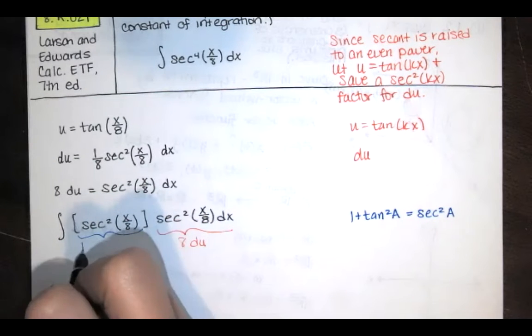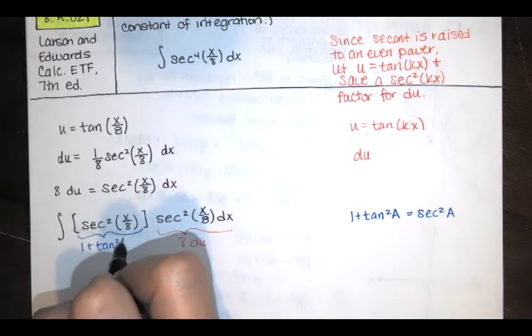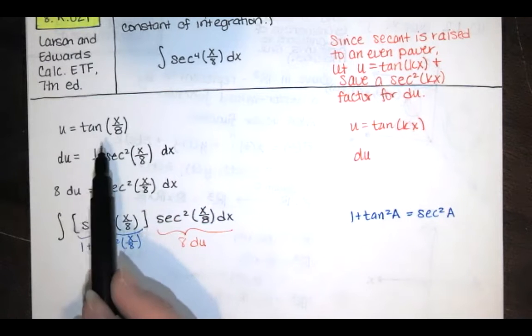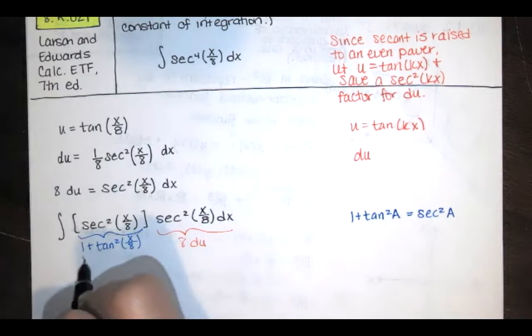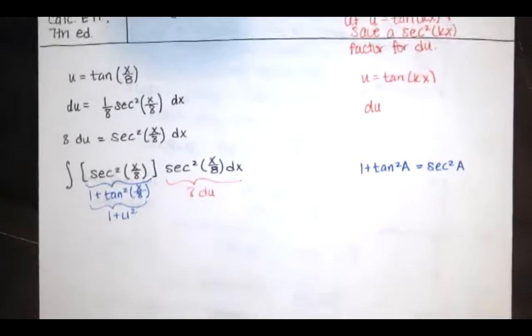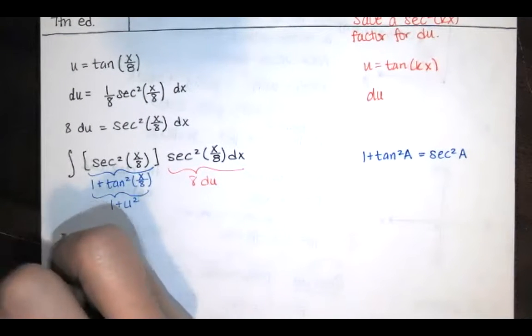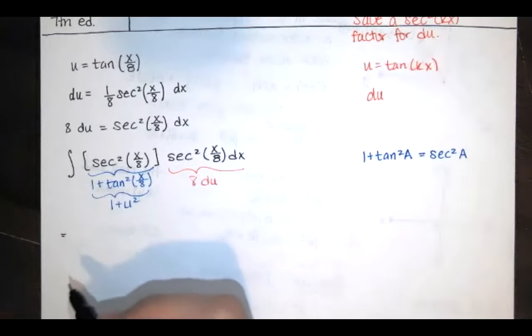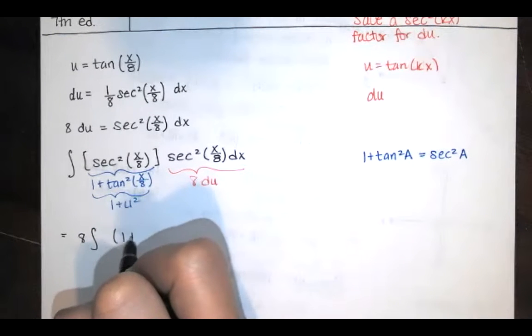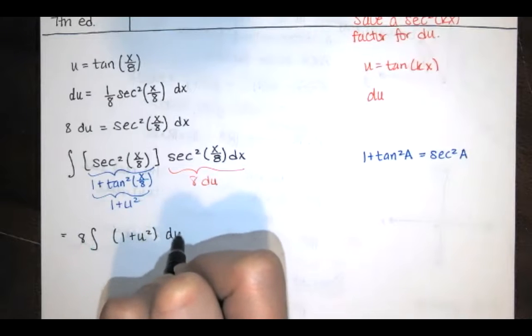So this is 1 plus tangent squared of x over 8. And since u is equal to tangent of x over 8, this is actually 1 plus u squared. So now we can write this integral entirely in terms of u by factoring out the 8. Then we have 1 plus u squared as our integrand times du.